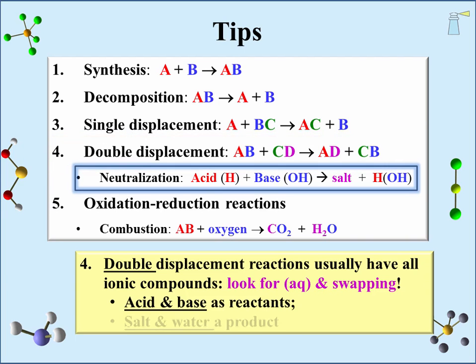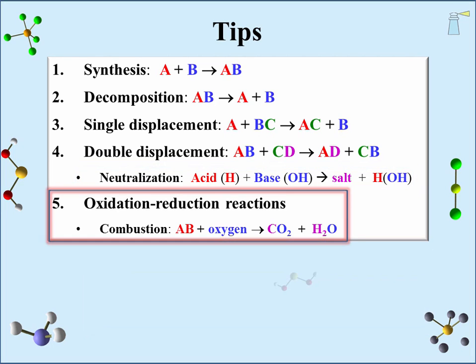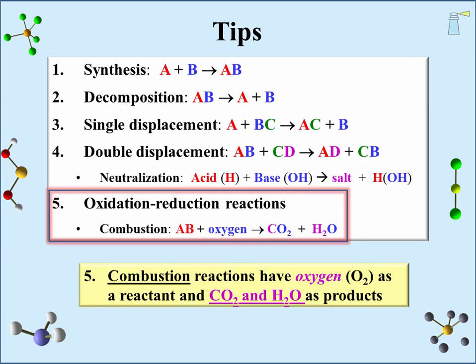A particular kind of double displacement reaction is an acid-base neutralization reaction. Look for an acid and a base in the reactants and a salt and water in the products. And then there are the redox reactions, which we limited to just combustion reactions. These will have oxygen, O2, as a reactant and CO2 and H2O as products.